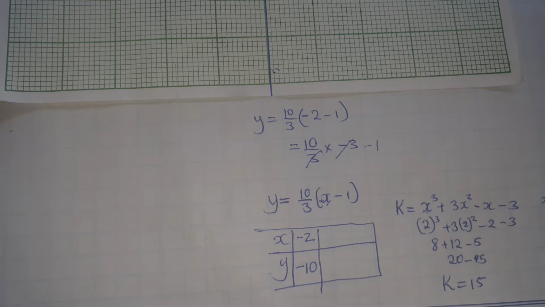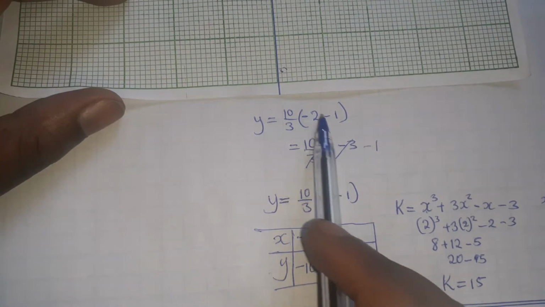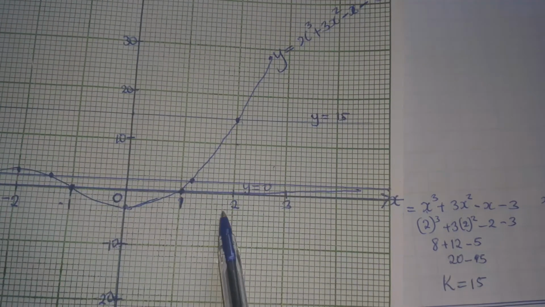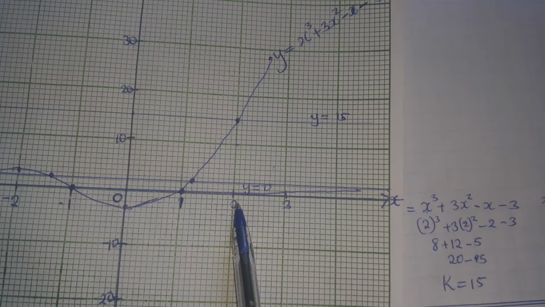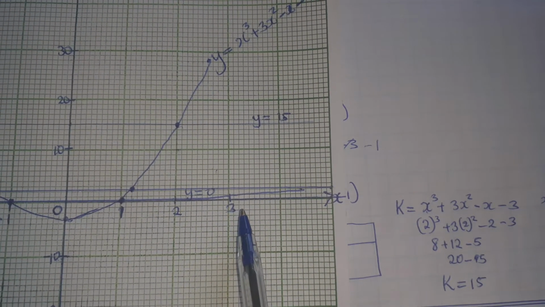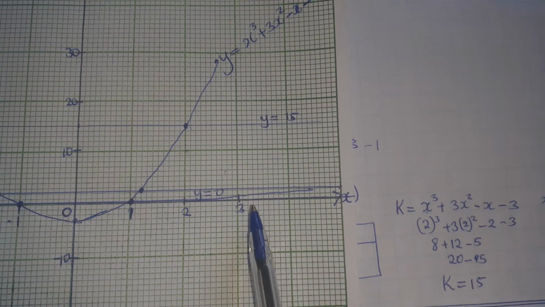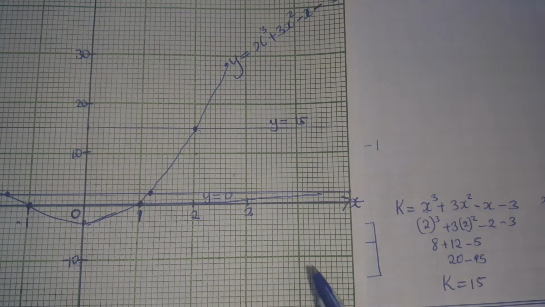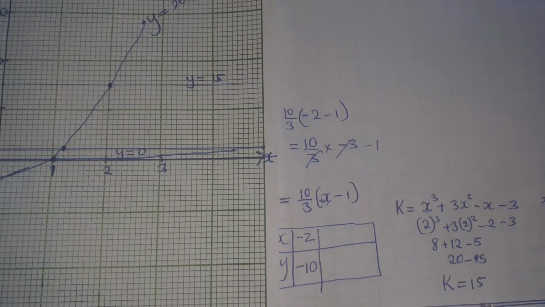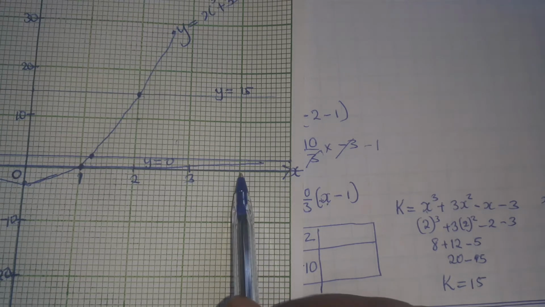So then the other one, which will give me a whole number here, is 4. Now, unfortunately, we do not have 4 on this side. But we can estimate, and it will give us the direction of the 4. We know that 4 is going to be here, isn't it?